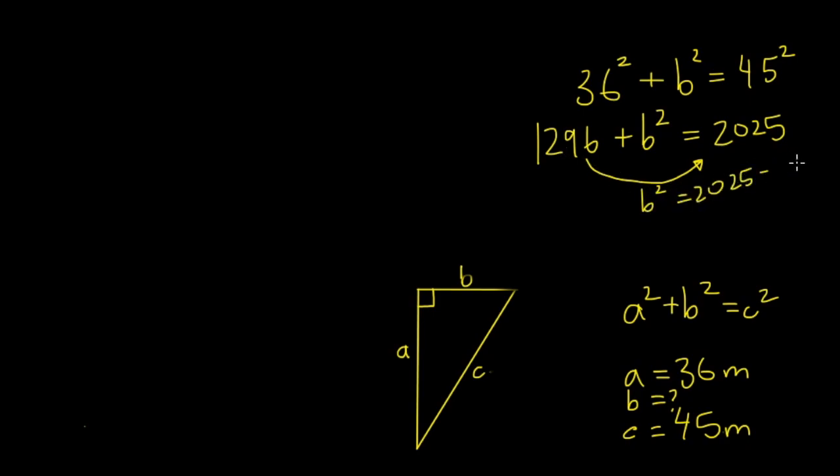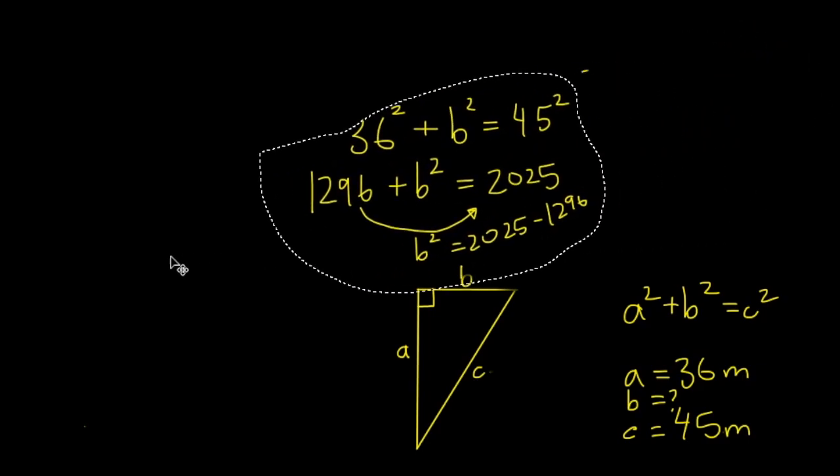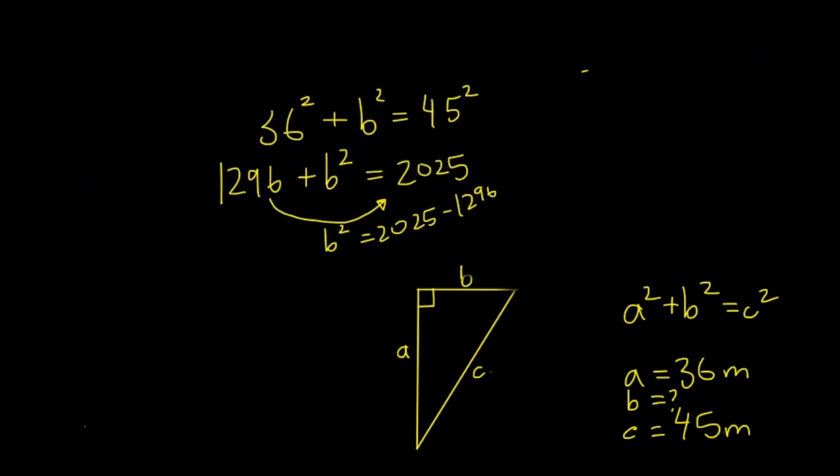2,025 minus 1,296. Now let me just quickly move this over to the middle. Perfect. Okay, now in here, to simplify it, we simply use the operation. So we do 2025 minus 1296. That leaves us with 729.